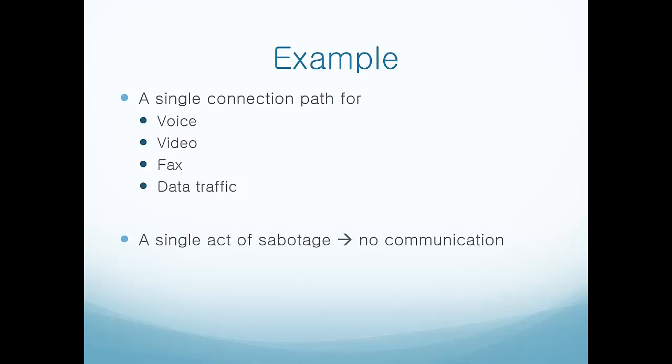So if there is a single act of sabotage, you end up having no communication at all. That's really illustrating the danger of having this single system handling all these communication needs without any redundancies. So when it comes to a critical infrastructure, it's nice to have redundancy, although efficiency is another thing to consider.